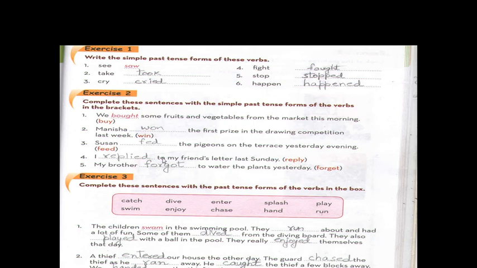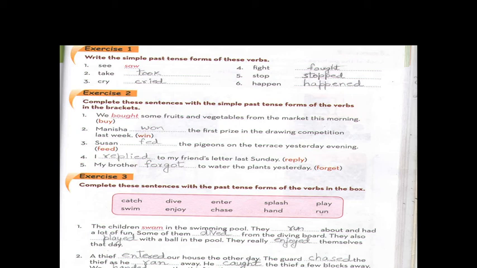Here the bracket is feed, we change feed to fed. I, here is a blank, to my friends later last Sunday. The word is reply, we have to change reply to replied. I replied to my friends later last Sunday.